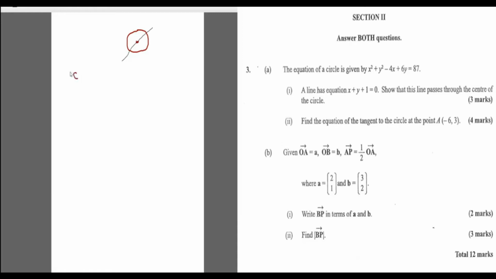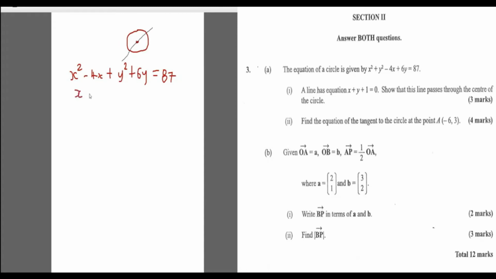First and foremost, I'm going to rewrite this as x squared minus 4x, just grouping the x terms, plus y squared plus 6y, and that's equal to 87. By grouping them like this, it is easy for us to find the equation of the circle in standard form, because now we can complete the square.